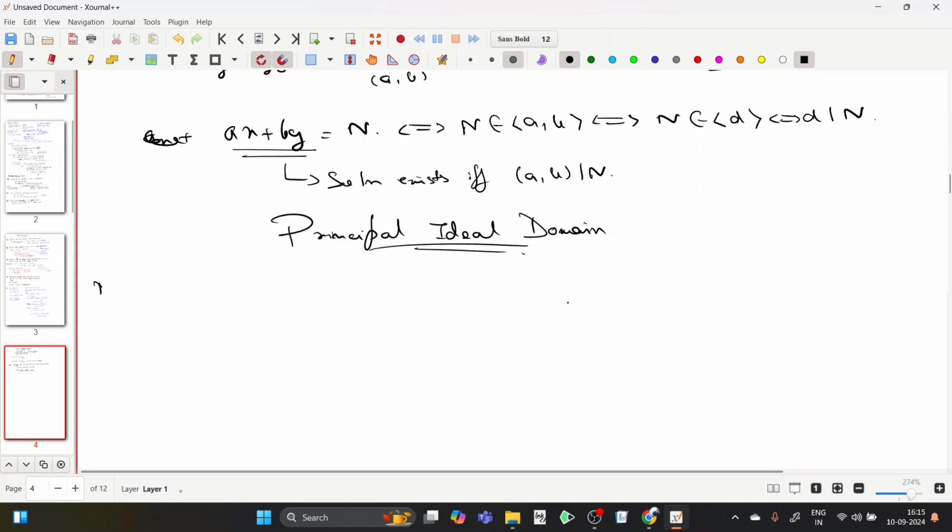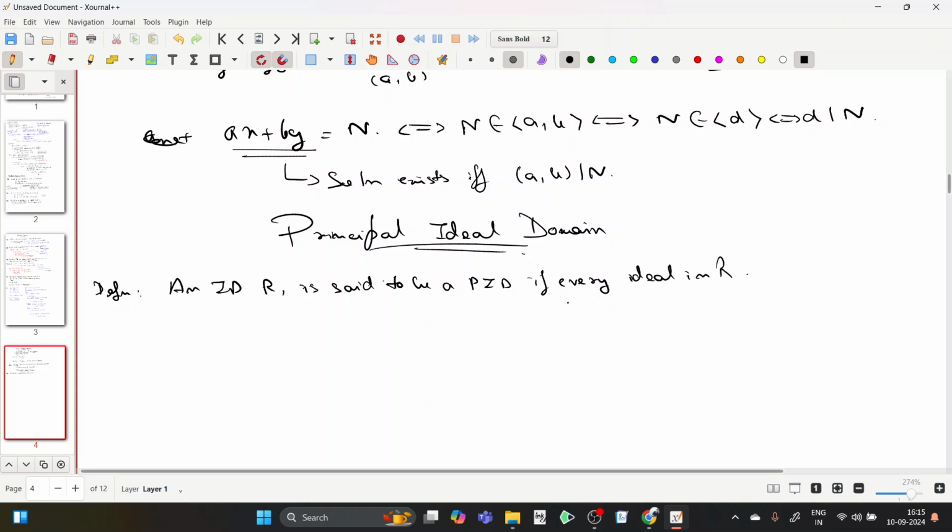As the definition suggests, an integral domain R is said to be a principal ideal domain if every ideal in R is a principal ideal. And we have already shown that if R is a Euclidean domain, then every ideal is a principal ideal. Hence, a Euclidean domain readily implies a principal ideal domain, but the reverse conclusion is not true.